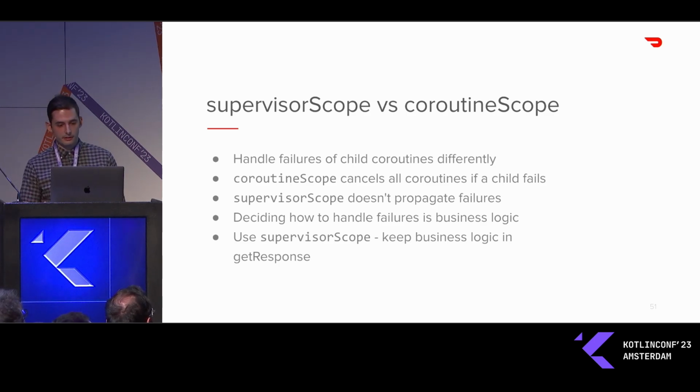Another common question is why am I using supervisor scope in getDataModel, but coroutine scope in getResponse? The main difference is how they handle failures of child coroutines. In coroutine scope, if a child coroutine fails, the entire scope fails, and all coroutines in that scope are canceled. Whereas with supervisor scope, a failure of a child doesn't affect its siblings.